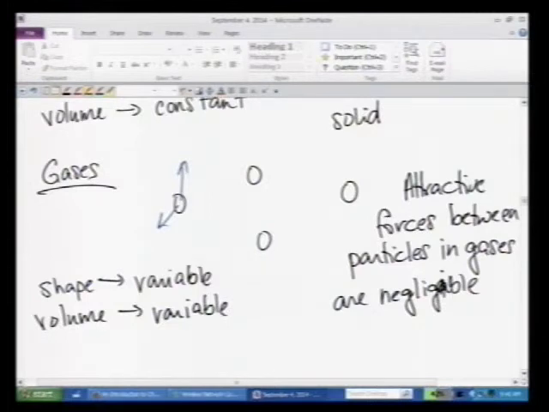Or we can take the same number of gas particles and put them in a small cylinder, and you would just have a higher pressure. So gases have a lot of motion of the particles, and pretty much don't have any attractive forces. That's using kinetic molecular theory to describe the properties of solids, liquids, and gases.